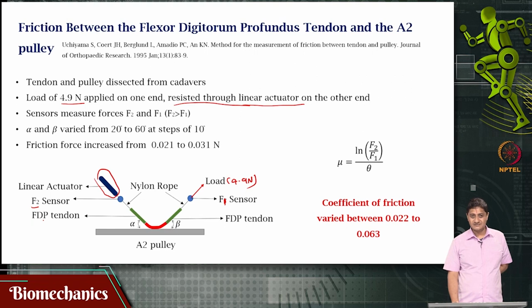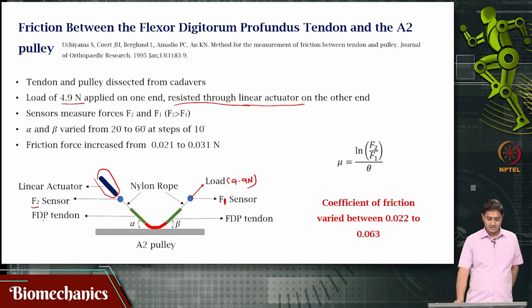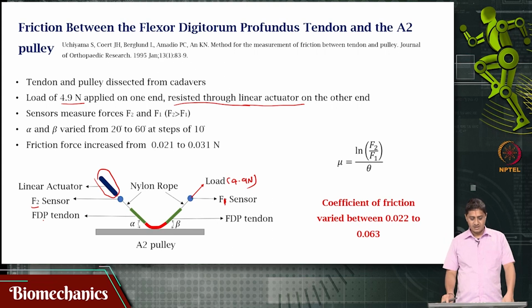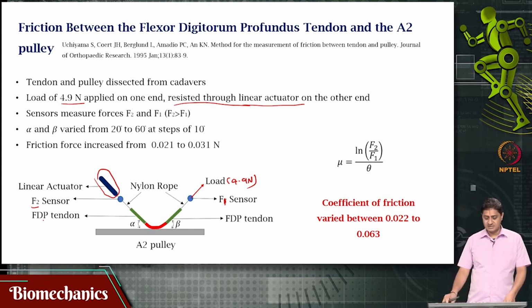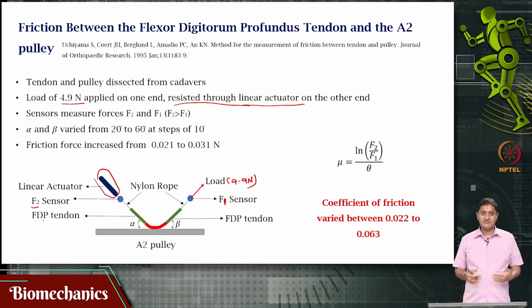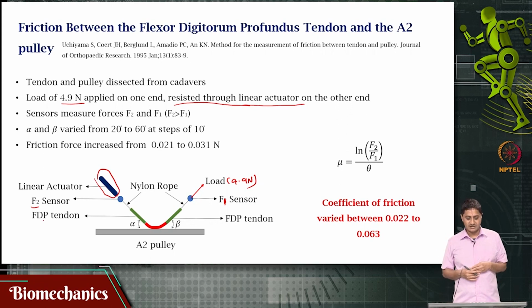The two ends of the tendon are making two angles, alpha and beta respectively, with the A2 pulley. And they changed alpha and beta so as to change the contact angle. And they found that the frictional force changed from 0.021 to 0.031, right.